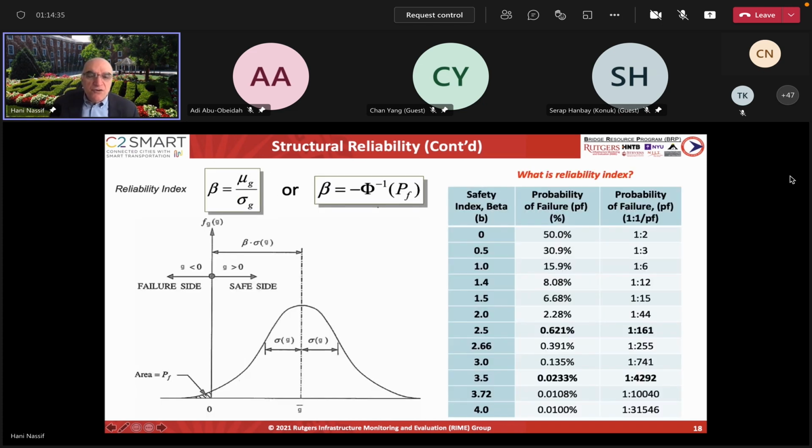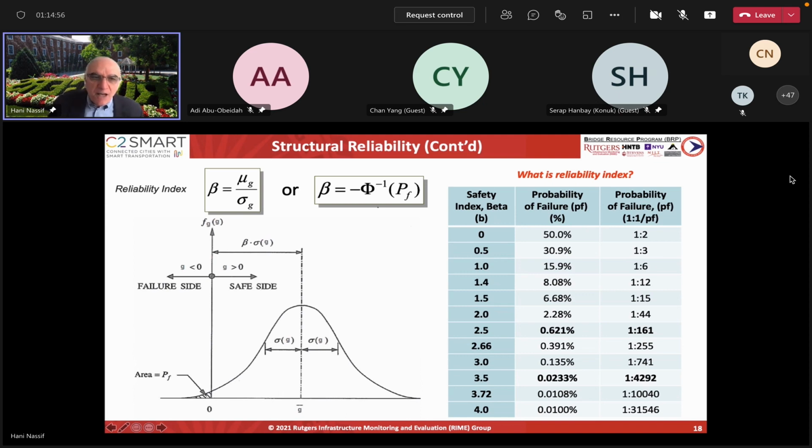So in a way, you probably heard of beta. What is beta? Reliability index or safety index. This is nothing but the same graph, and this is R minus Q. The more your mean value is away from the 0, the safer you are.